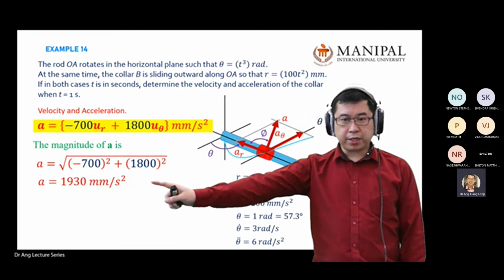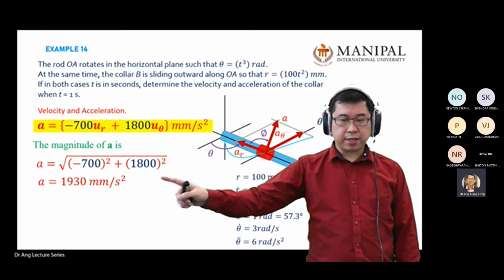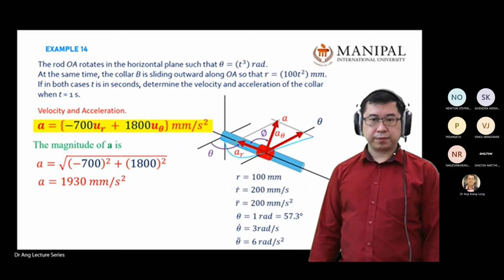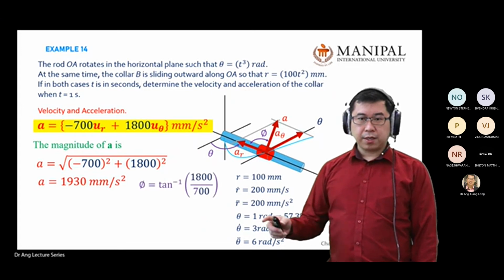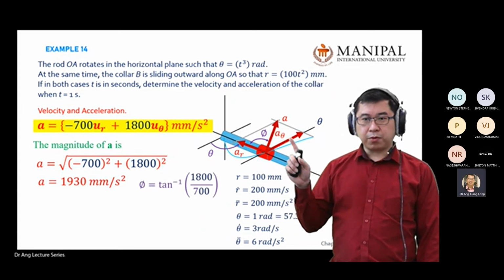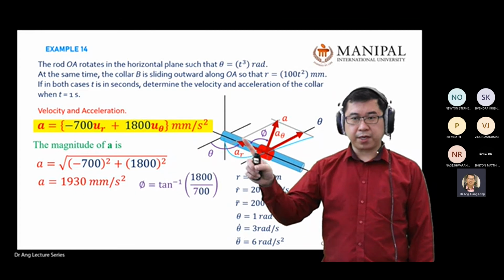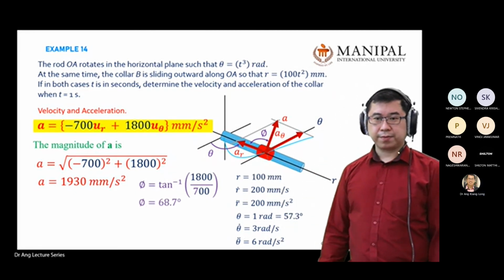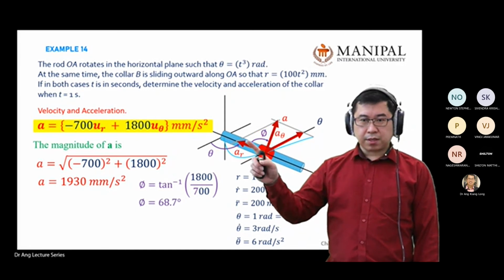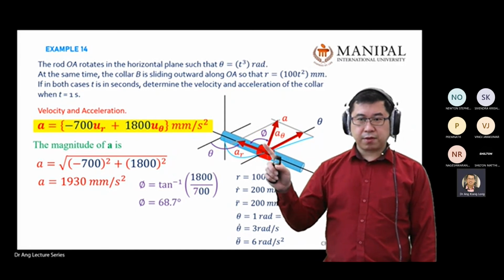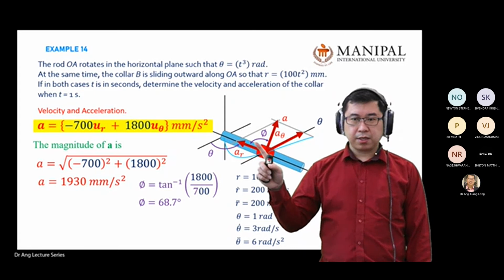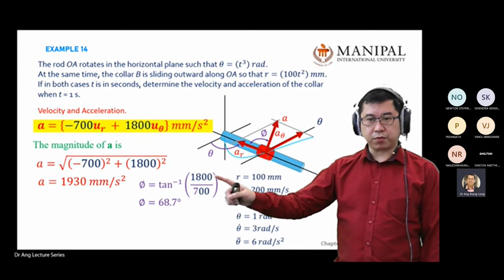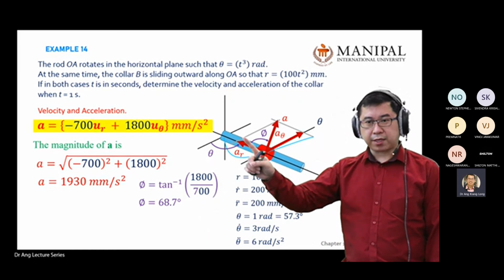Again, the number will change, so try to understand the strategy we used for A. The angle is also the same. You move this one to here, and you have a triangular vector. The angle phi here is 68.7, but what is important is that you know how to find the angle from the vector diagram.